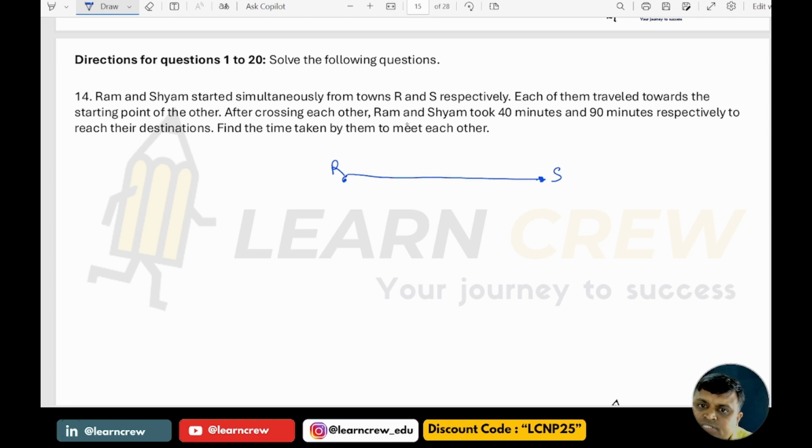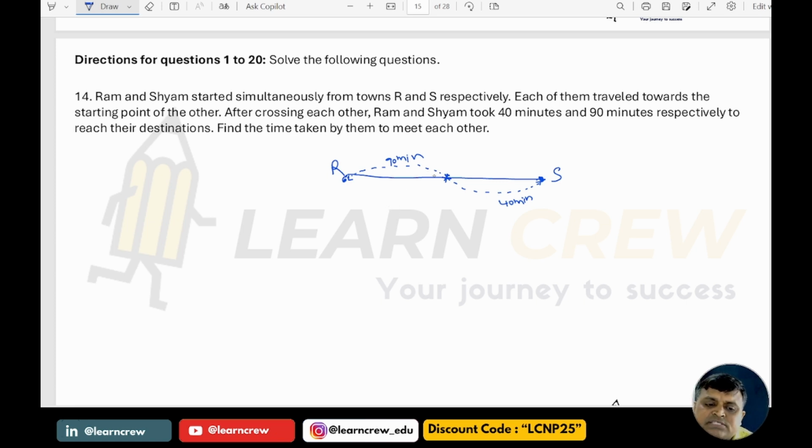After crossing each other, Ram and Shyam took 40 minutes and 90 minutes. So this is the time taken by Shyam to reach this place, 90 minutes. And this is the time taken by Ram to reach, 40 minutes. Now find the time taken by them to meet each other.